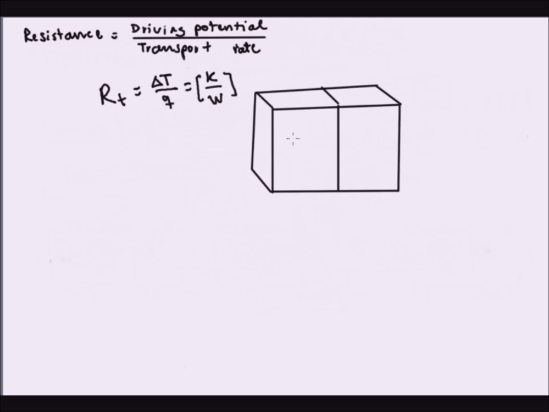Imagine this wall is made out of a material 1, and this wall is made out of a material 2, and material 2 is an insulator, and material 1 is a conductor. Say this is a metal alloy, and say material 2 is a ceramic.